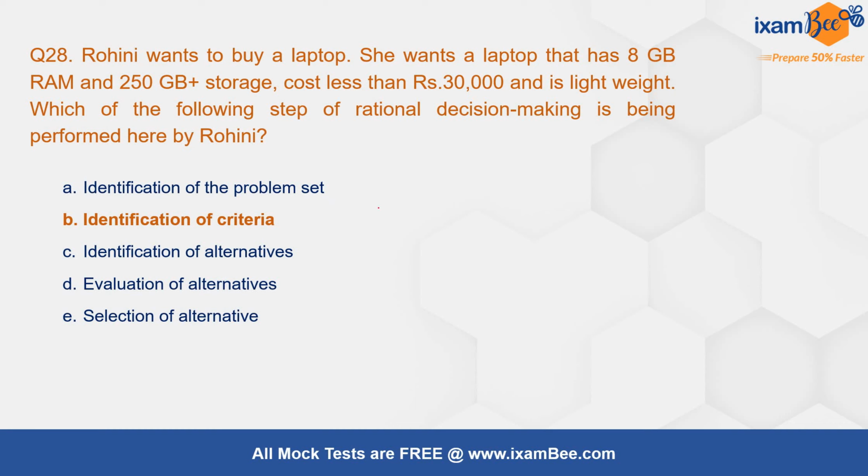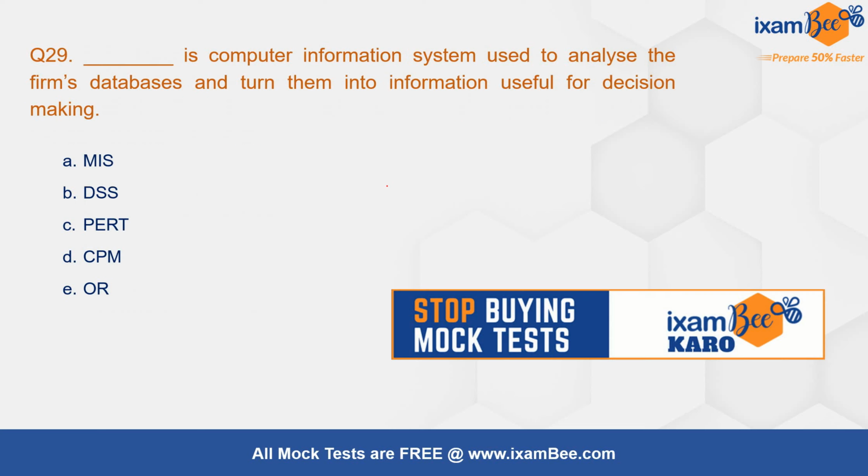Her problem set is which laptop to buy. These are her 4 criteria: RAM, storage capacity, cost, and lightweight. Based on these criteria, she will then come out with alternatives and then evaluate them on all these 4 parameters to come at a decision.